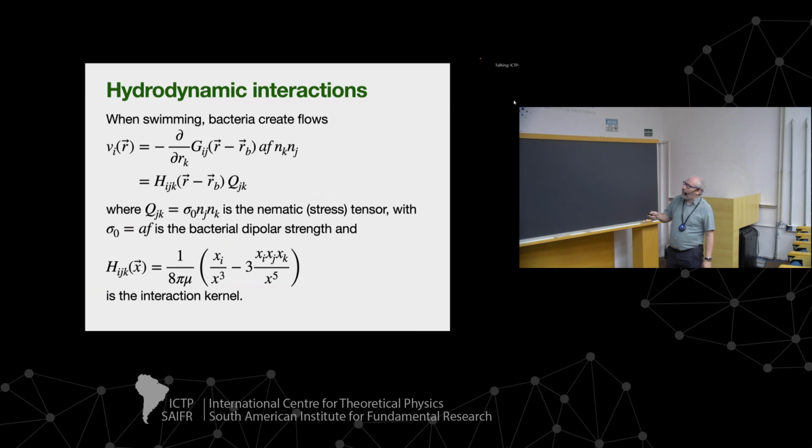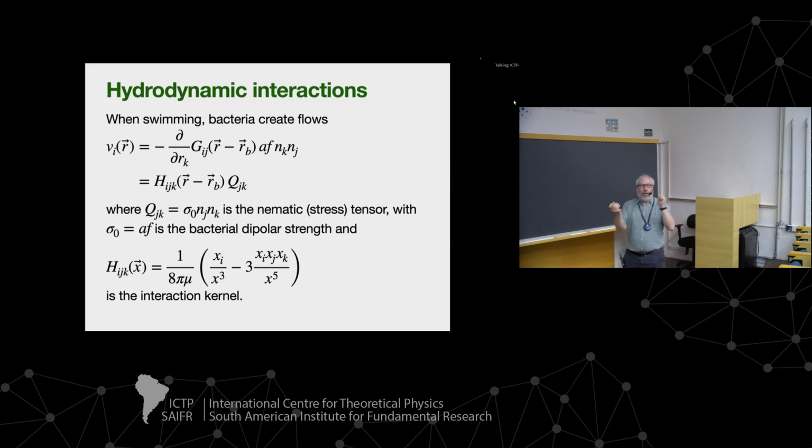So this is what is here, whereas sigma is AF. So AF is the strength of the bacterium. It's like the dipole moment in electromagnetism. It's the distance times the force. So it's almost the same thing as the Q tensor that I defined before, but I prefer to keep the same notation. Yes, but it's a nematic tensor.